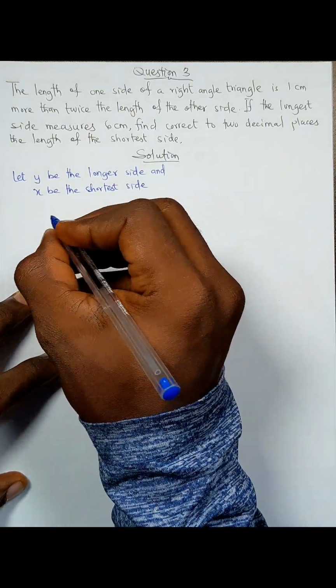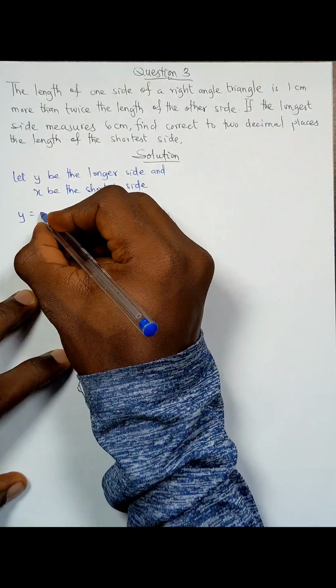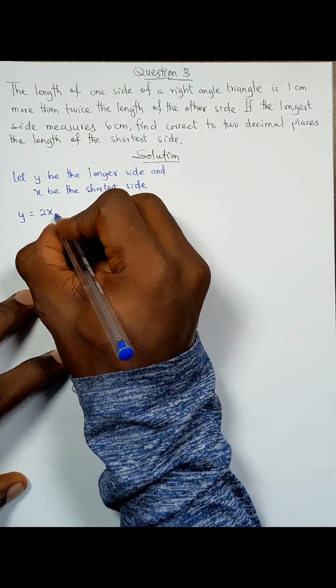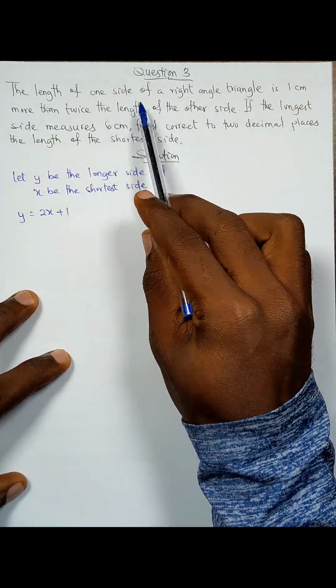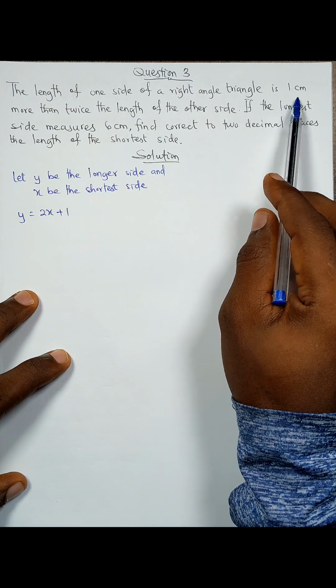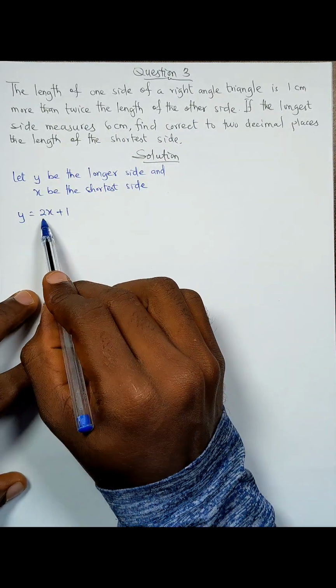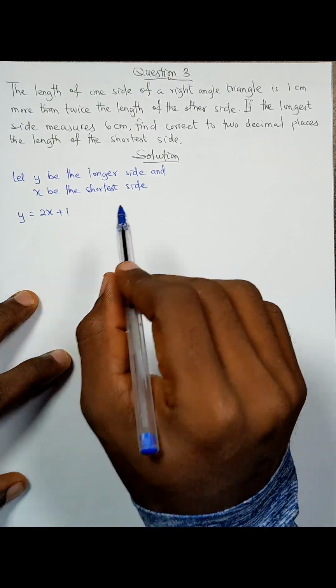What it means is that y is equal to twice the length of x plus 1, because the question says that the length of one side of the right angle triangle is 1 centimeter more than twice the length of the other side. So if the other side is x, it means that 2 times x plus 1 will give you this other side.